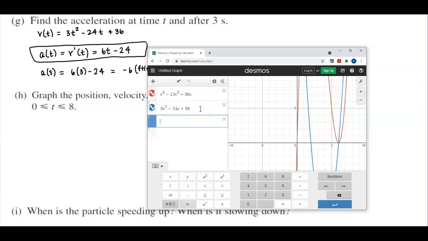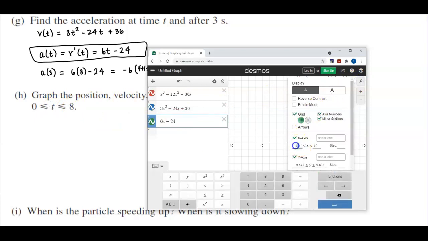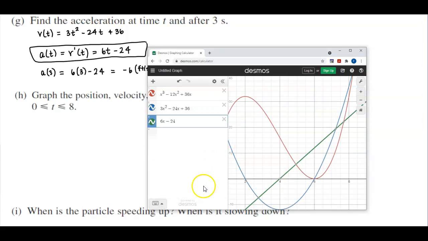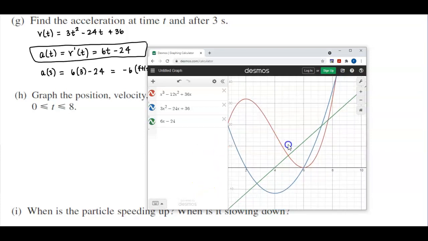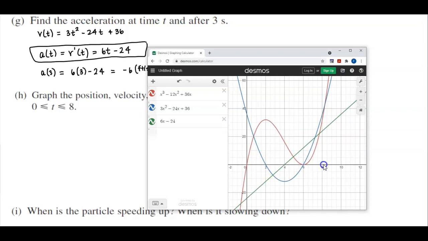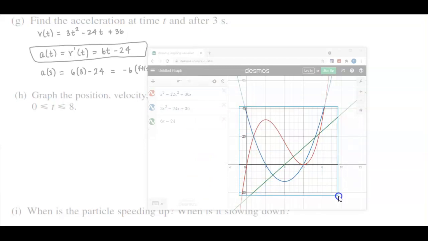And then we have our acceleration, which is 6x minus 24. Now we want this to be in between 0 and 8. So on the x-axis, let's go -1 to +9, and then let's make the y-axis -12 to +40. Okay, so let's take a look at this graph here. We want to focus on what's happening between 0 and 8, so we want to make sure that we graph that part in between 0 and 8.